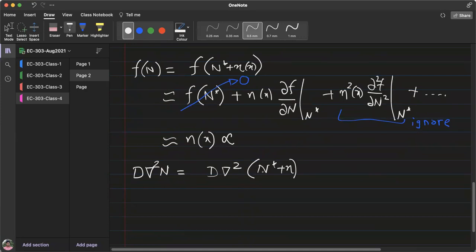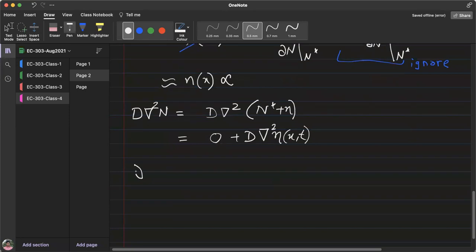Again, del square applied to the first term is 0, right? Del square applied to the second term means basically it's a diffusion of the perturbation we have made. Now putting all the terms together, what we have is an equation that determines how the perturbations are growing in space and time. At each location x, how is the perturbation changing over time?